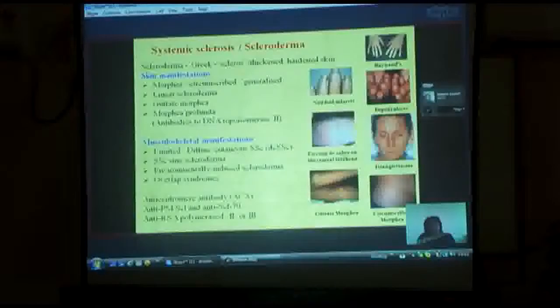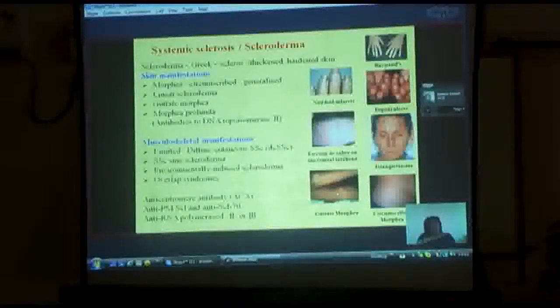Guttate morphea is where they have hypopigmented patches, and morphea profunda involves the deep dermis. Antibodies to DNA topoisomerase II can be positive in extensive morphea. As rheumatologists, we see them with limited or diffuse cutaneous systemic sclerosis.